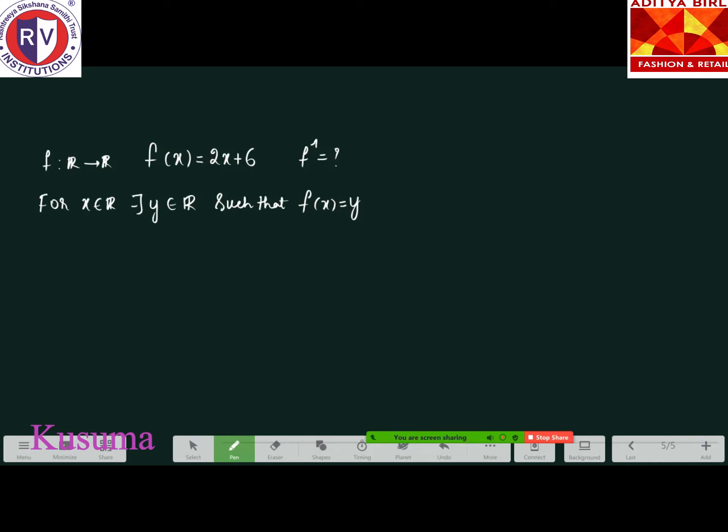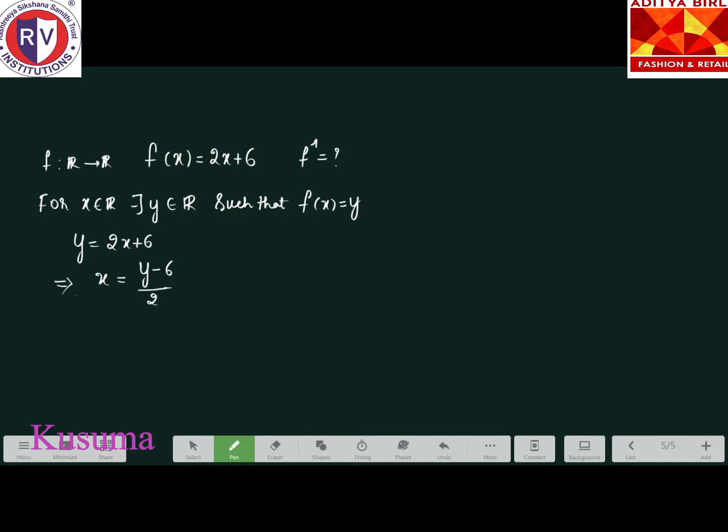Now, let us say 2x plus 6 is equal to y. This y is equal to 2x plus 6, which gives x is equal to y minus 6 by 2. That is, x is given by y minus 6 by 2.